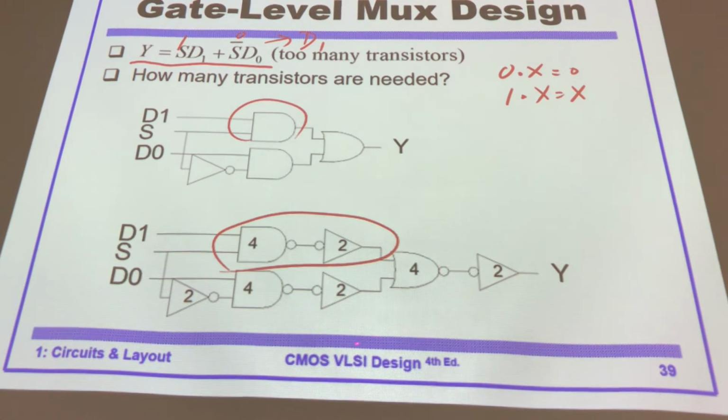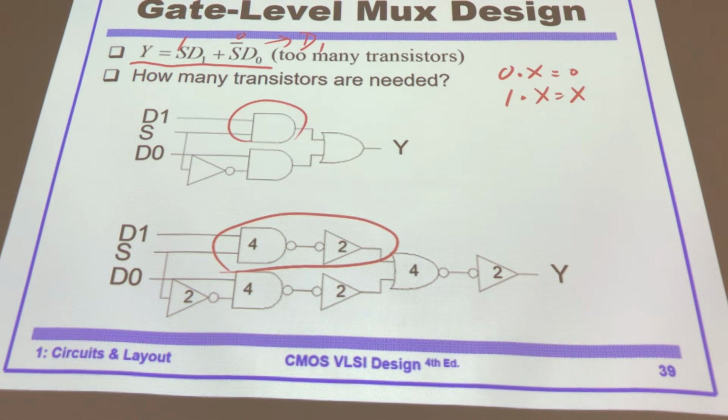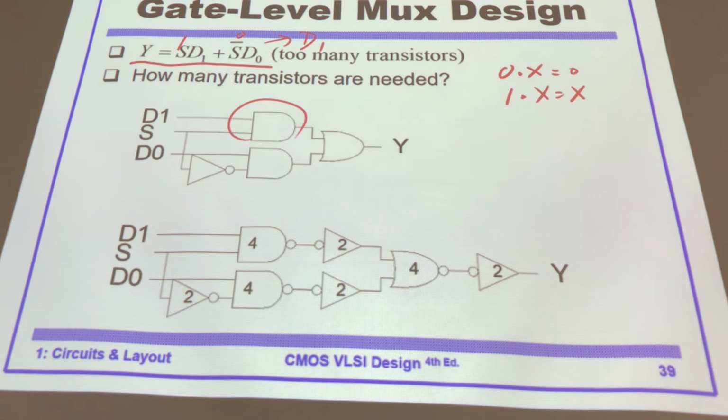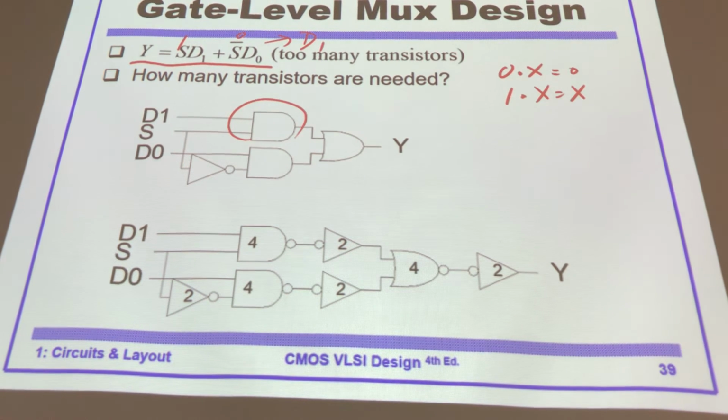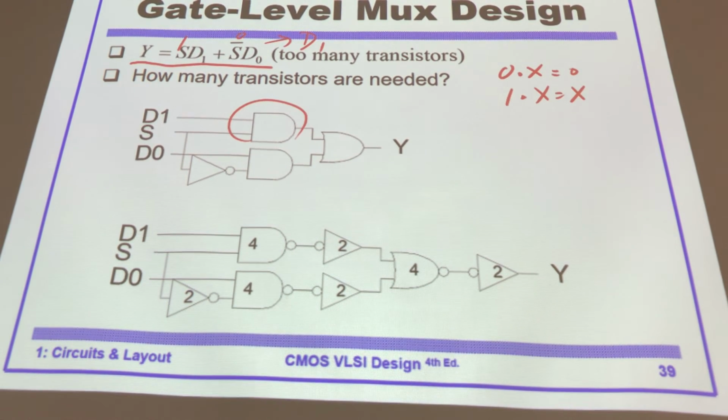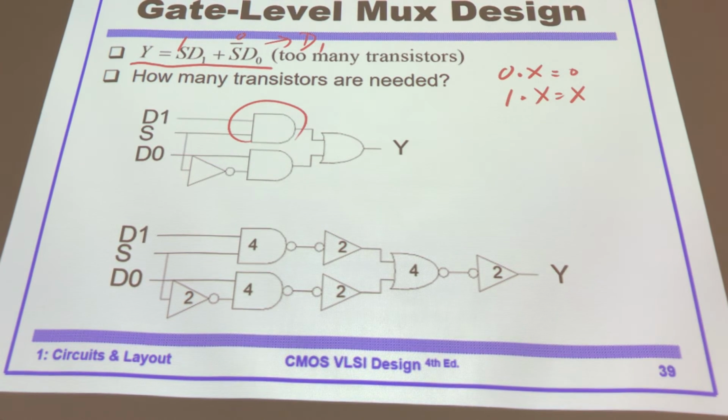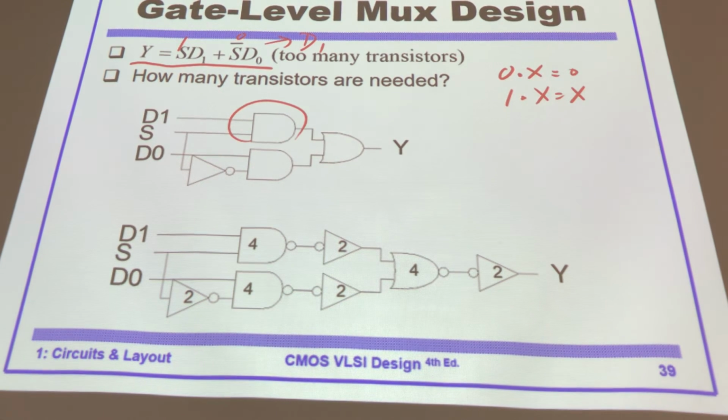So from an implementation point of view, you need so many logic gates. Is there any improvement? How to improve it? We don't like that. There are too many transistors. Maybe just look at this circuit here.